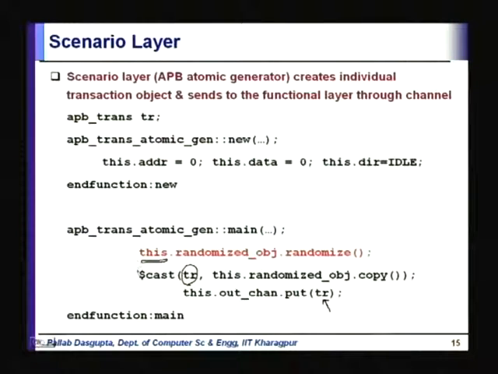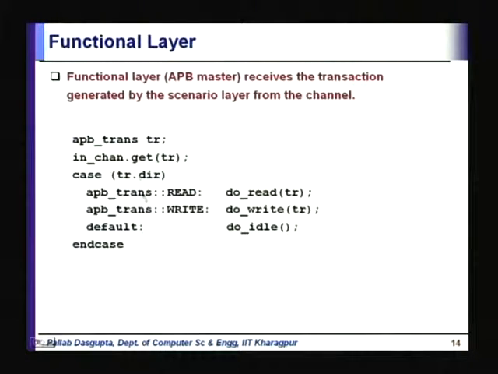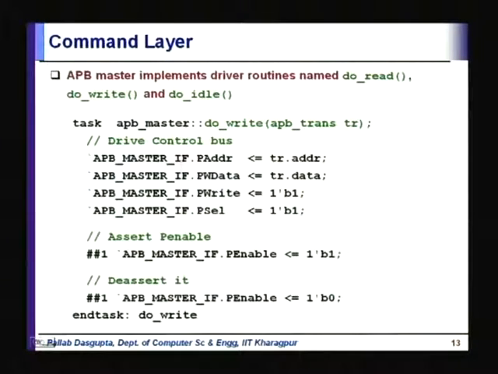The object remains with itself, so it can again randomize it and again generate another transaction, okay. So every time this is called, it randomizes this to create a random transaction and writes that transaction into the output channel, right, and the layer here reads that and appropriately calls the task, and the layer below that executes that task, right.